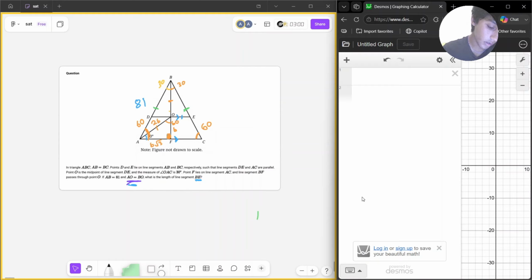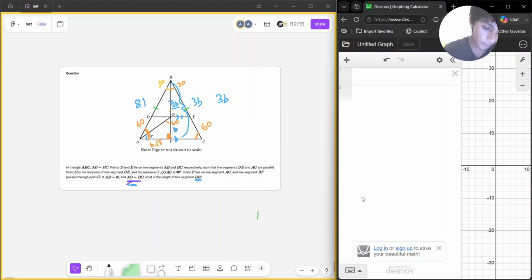Now if we know this is 2B, we can also determine that this side is 2B because AO and BO are the same. So that's going to come in handy. If this is B and this is 2B, added up they're 3B. So this whole thing is 3B.